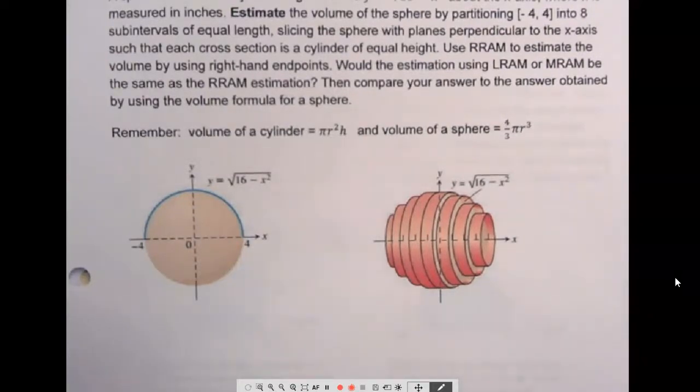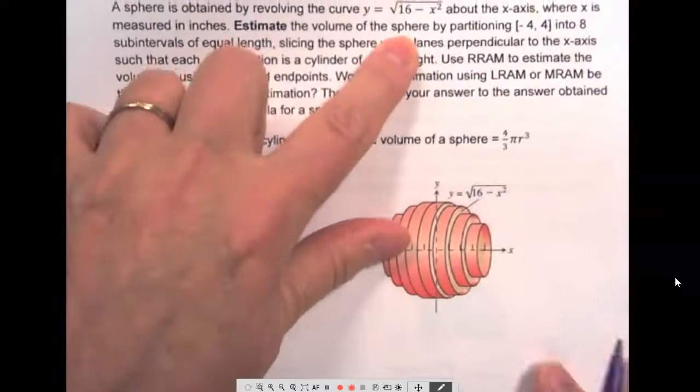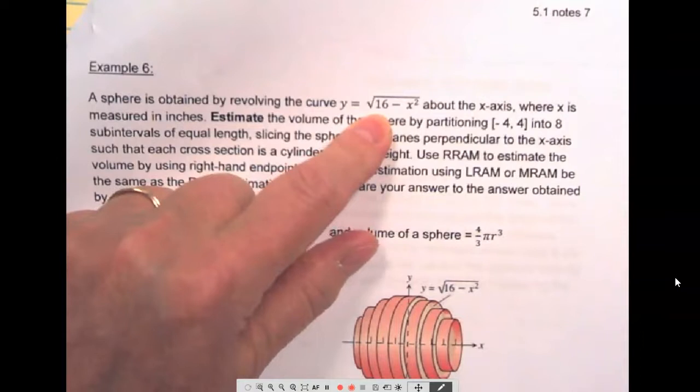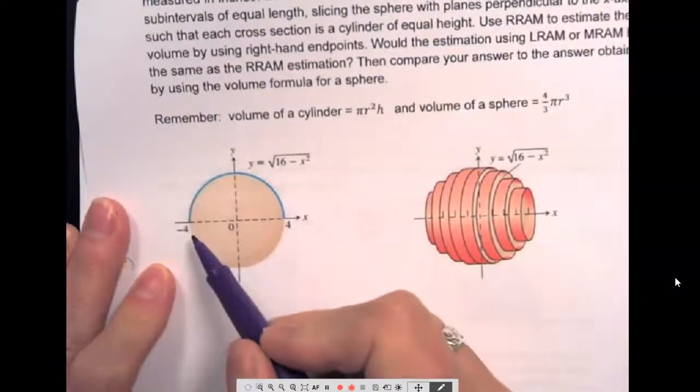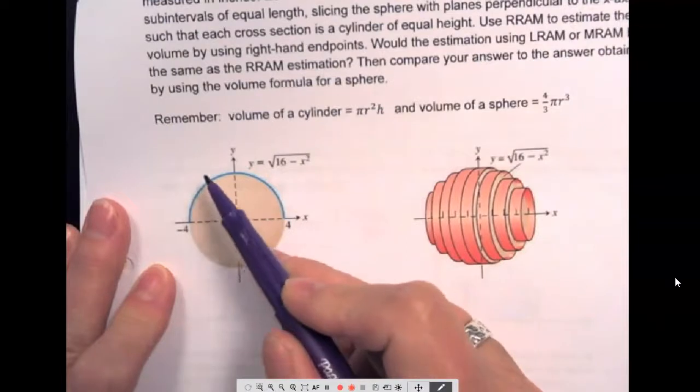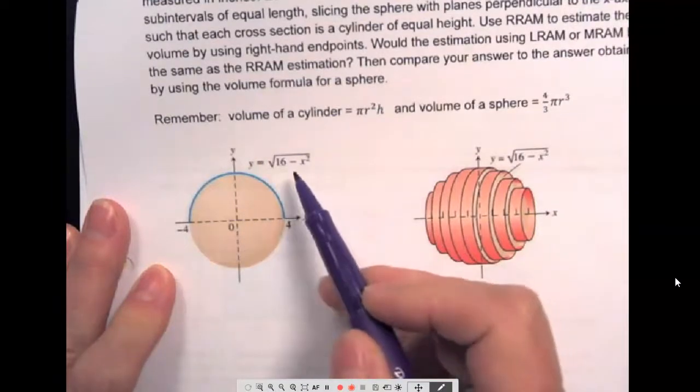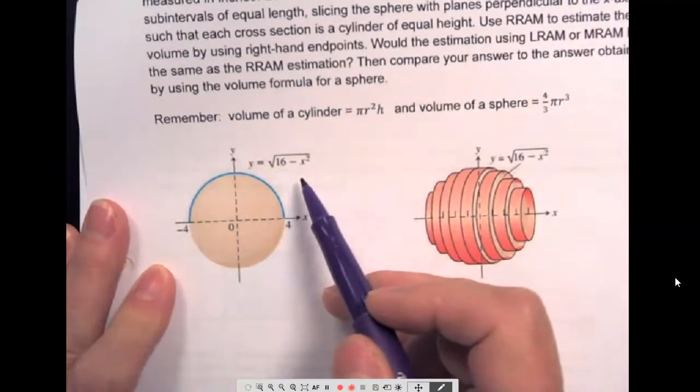Okay, so first of all, what is this equation here? Semicircle of radius 4. Okay, so here is our semicircle right here. So that equation is square root 16 minus x squared.